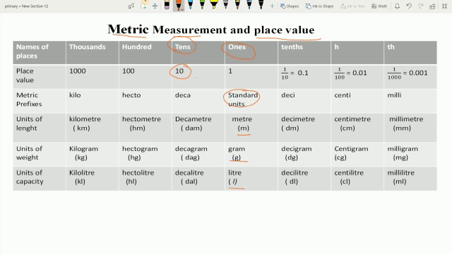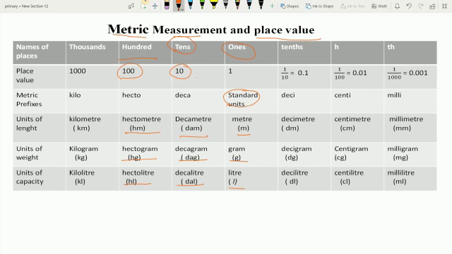We name these as decameter, decagram and decaliter, as the prefix deca means 10 times. The units in the 100s column are 100 times bigger than the standard unit. We name these as hectometer, hectogram and hectoliter, as the prefix hecto means 100 times.